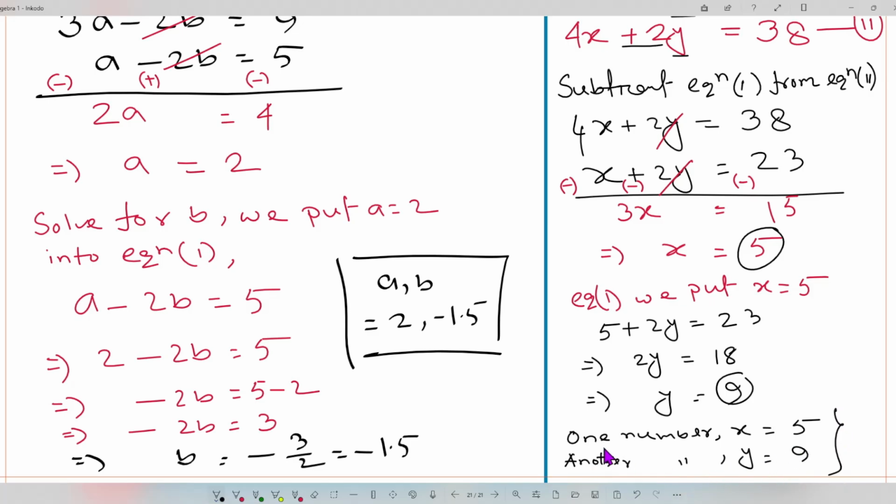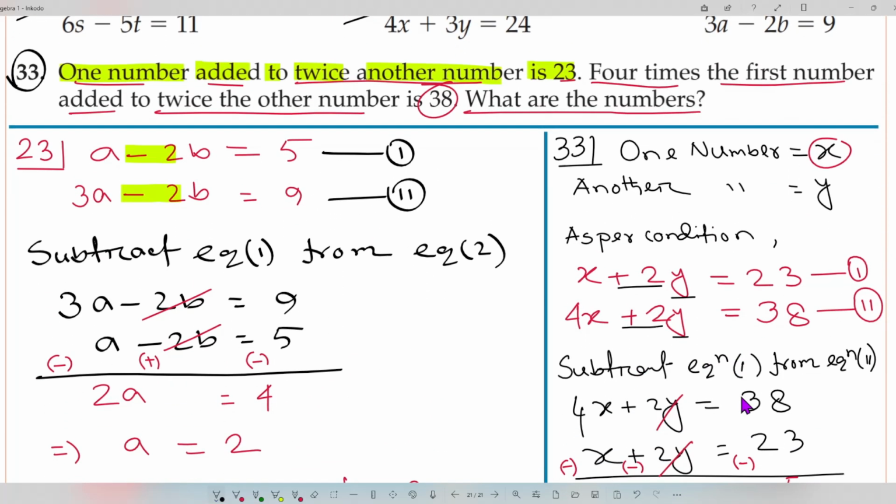So very simple. Now let's check. So x means 5, right? So here we can write 5 plus 2 times y, y is 9, 9 times 2 is 18. So 5 plus 18 is 23, so 23 is okay.